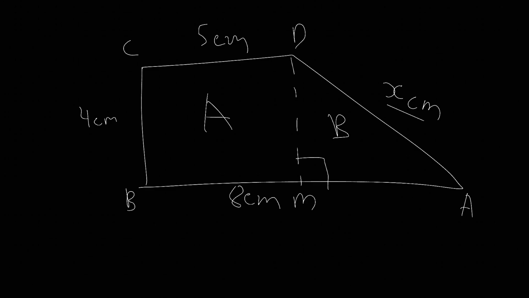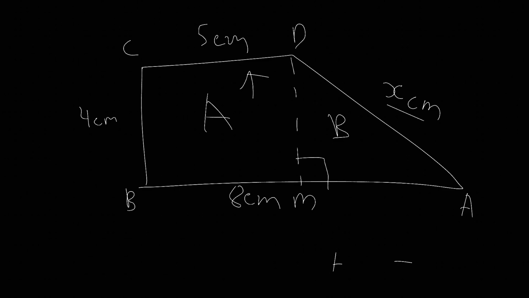Now I don't know any sides on this right triangle B. So I have DMA, and I don't know any of these sides. Now, I can find this MA by doing 8 minus this side over here, because this 8 is this side, CD.